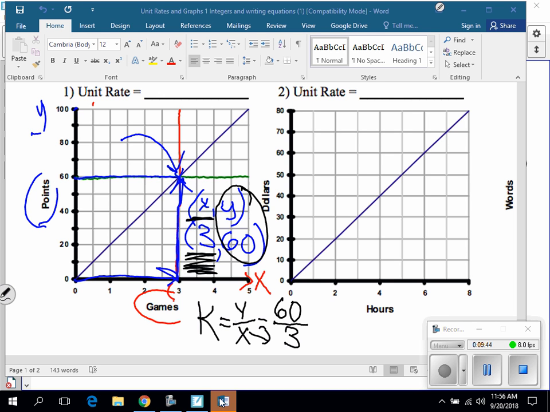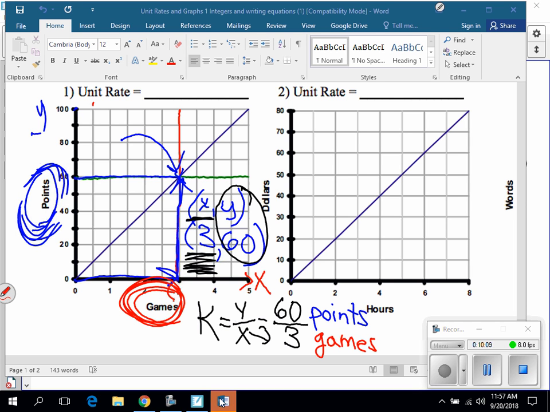From here, I also need to fill in my units. So my units on the y-axis, we talked about this earlier, y represents points. And then over here, I'm going to record points. On the x-axis, take a look. The word is games. We're going to write games.